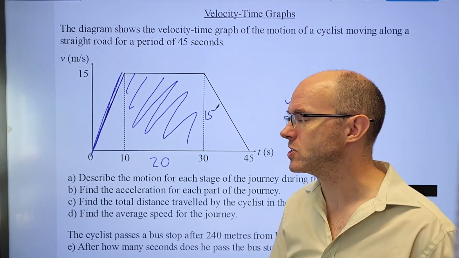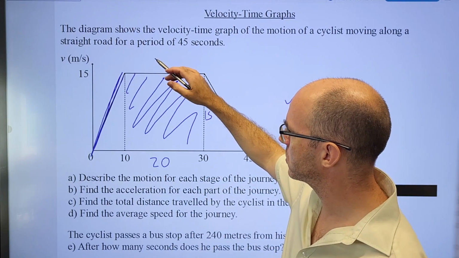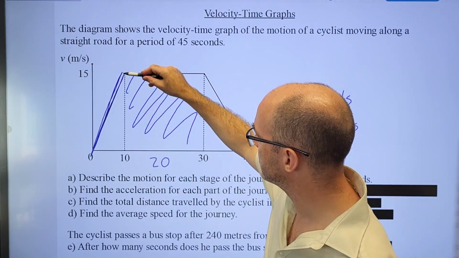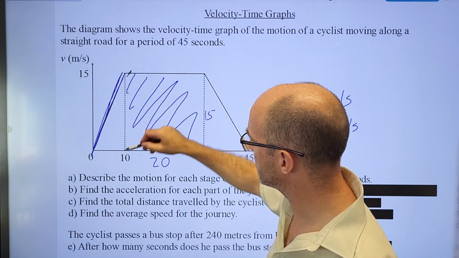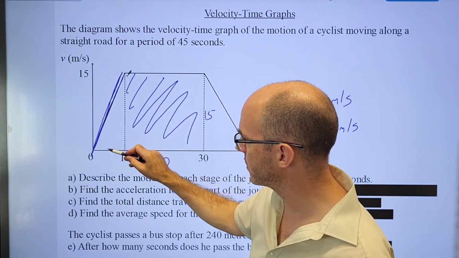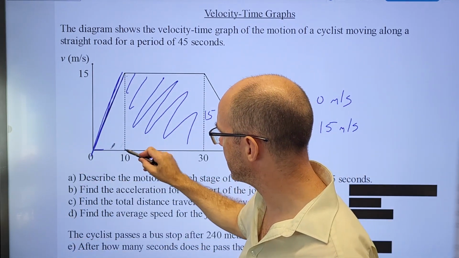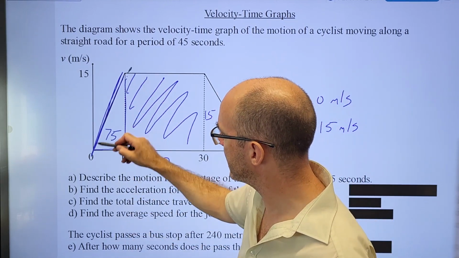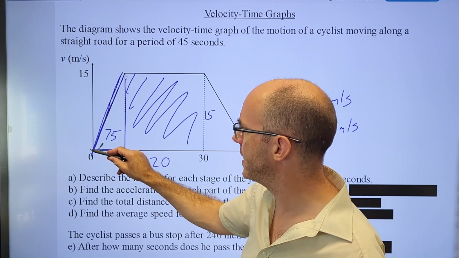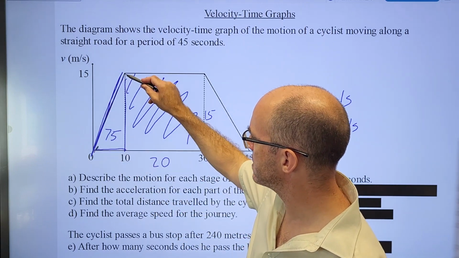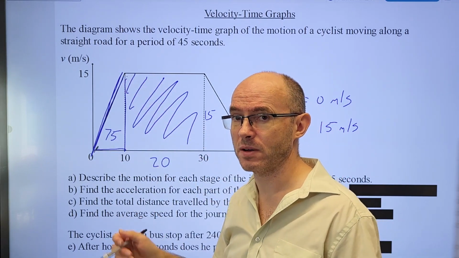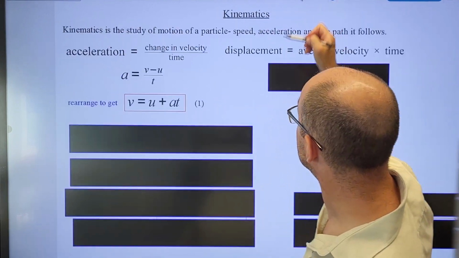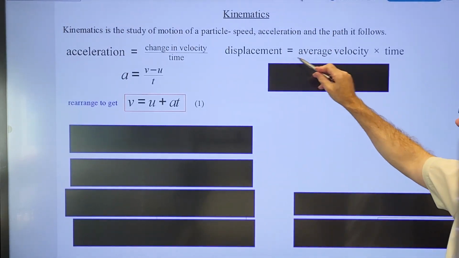Just a demonstration that the total displacement can be found by doing the velocity multiplied by the time. Or if you've got a triangle, remember what we do is we halve the base multiplied by the height to get 75. Here to here, the average velocity is the average between 0 and 15, divided by 2. So just a demonstration there, a reminder of how to get the formula.